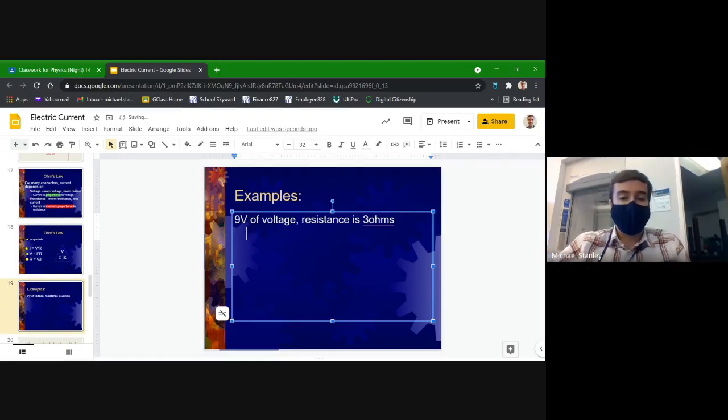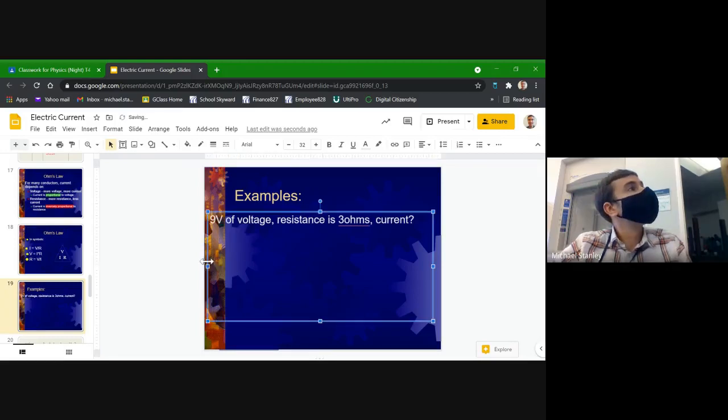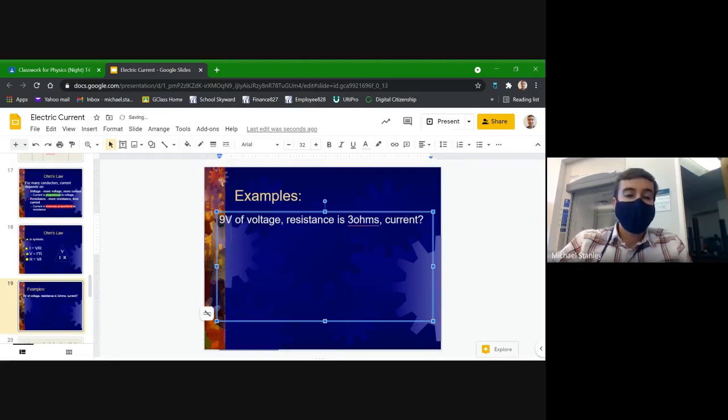So we want to figure out what is our current. From our little equation, we know that current is voltage divided by resistance. So our voltage is 9 and our resistance is 3.